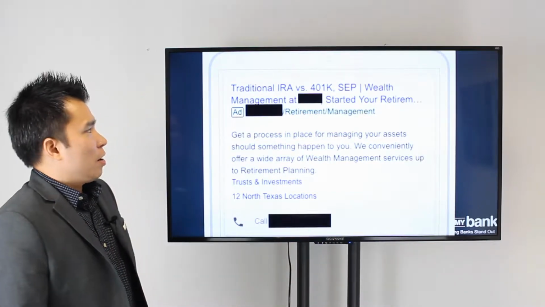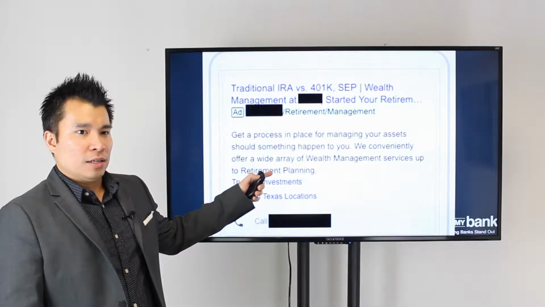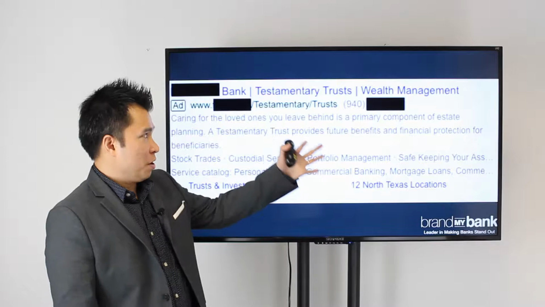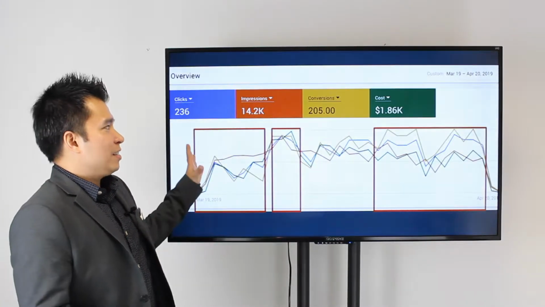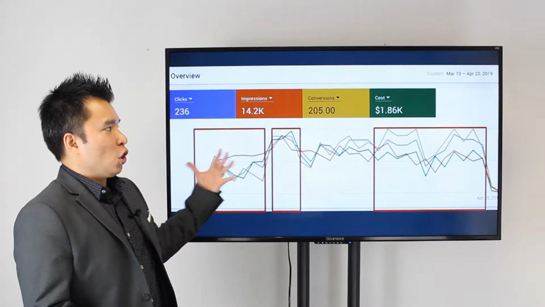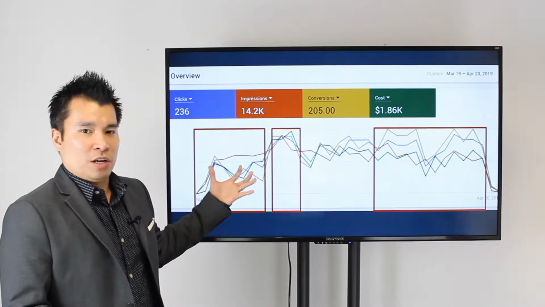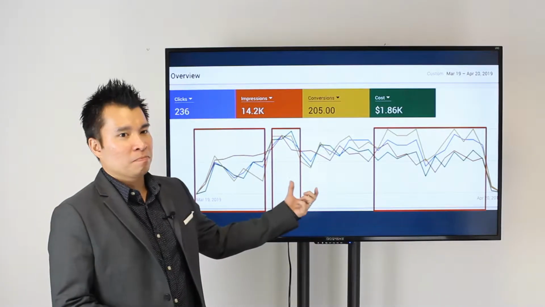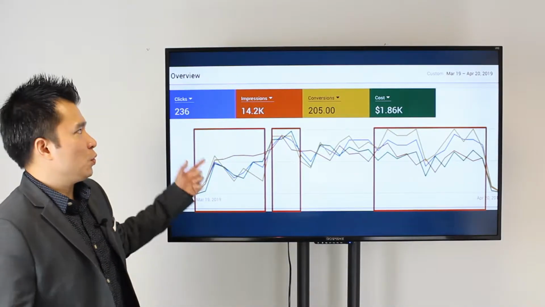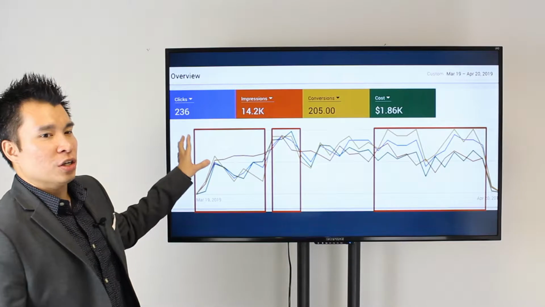All right, so this is the ad, and there's another ad that we ran for our wealth management client. If you look at this picture, this is the chart that we extracted from the campaigns, and you can see there are 3 red boxes. Before going further, I want to explain the color legend.